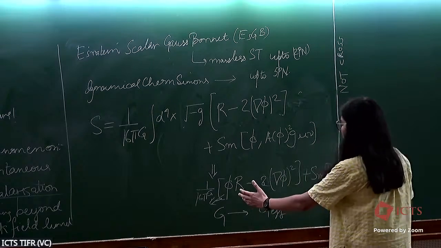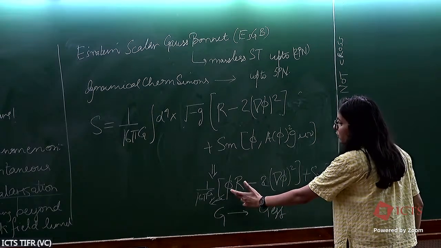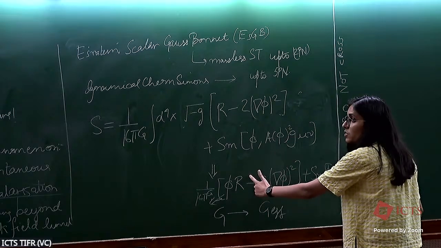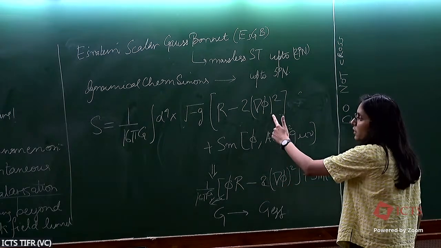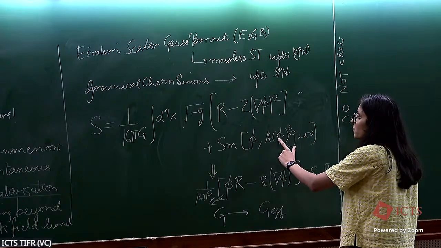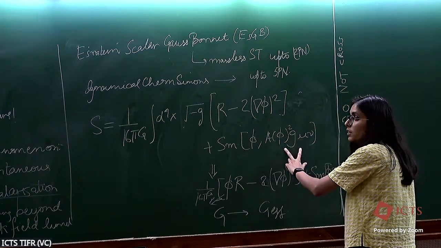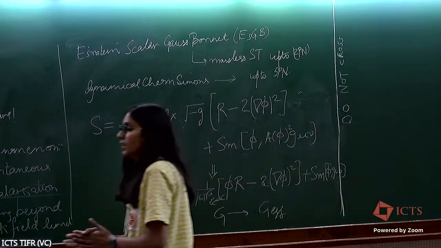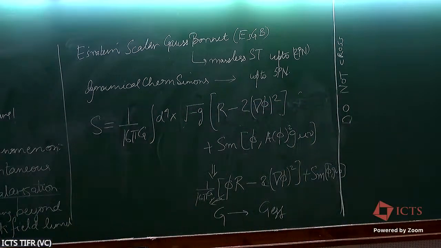So with this metric where I have the coupling of the scalar field with gravity, I can do a canonical transformation and go to this metric where the scalar field is now coupled to matter instead of being coupled to gravity. For massless you can do that; for massive you cannot.